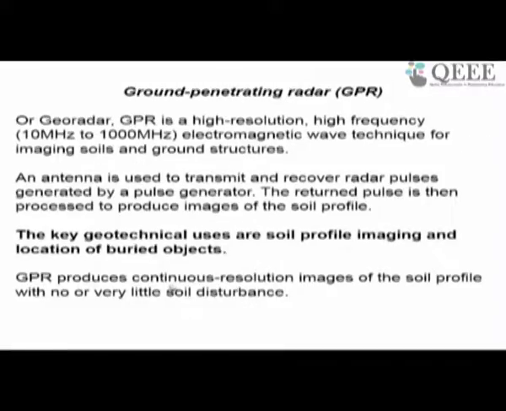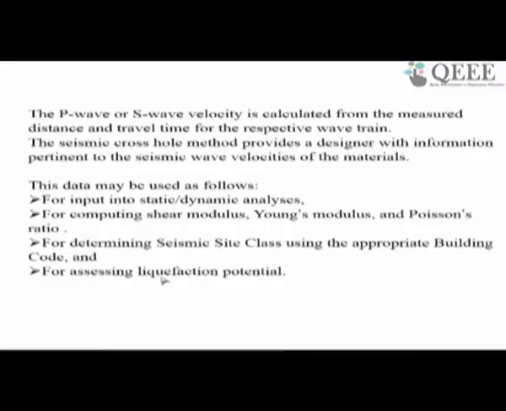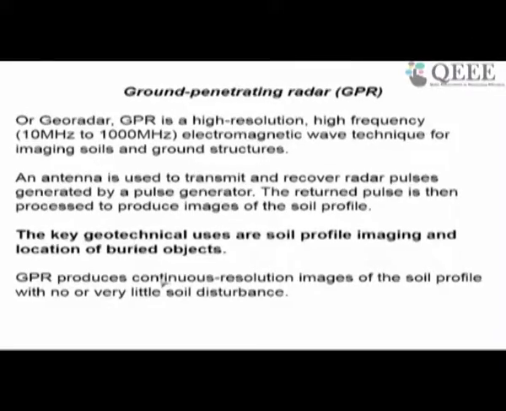The third test is the ground penetrating radar, which we mostly do these days. Recently we are also trying to find out if there is something buried in the ground. Many of you might have seen or heard about ground penetrating radar, which I will briefly tell you about, because it is relatively new and mostly used rather than for investigation.